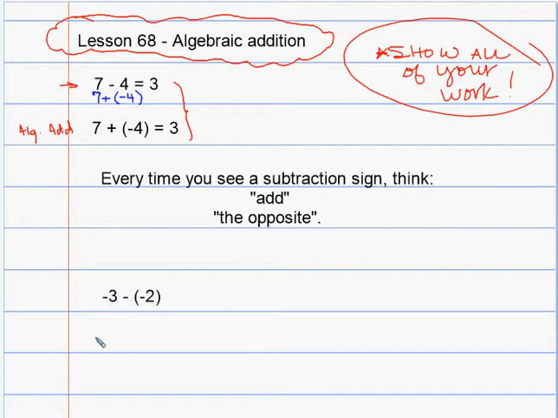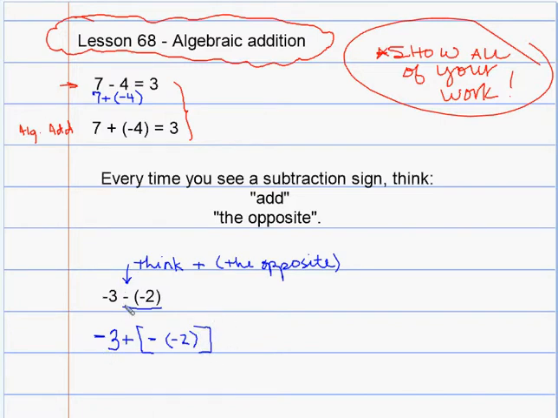Okay, so let's work on this problem down here, which is negative 3 minus a negative 2. Okay, so we see the subtraction sign and we have to think add the opposite. And how we're going to illustrate that is we're going to just leave this negative 3 out here alone. And we're going to put a plus sign, and then we're going to put all of this inside a bracket.